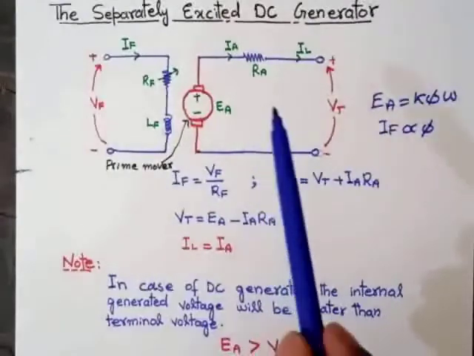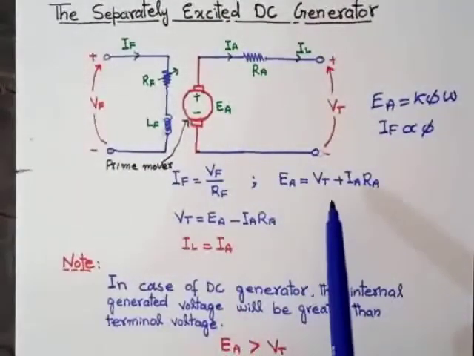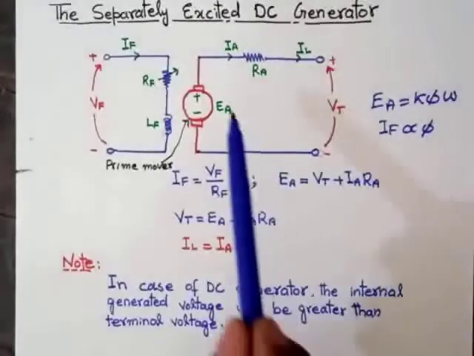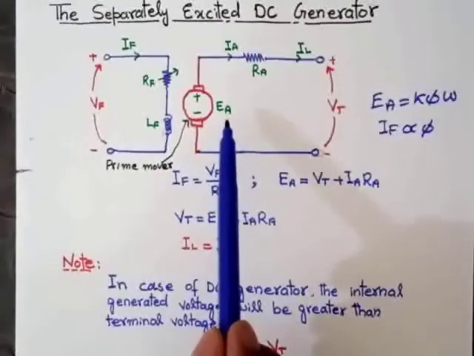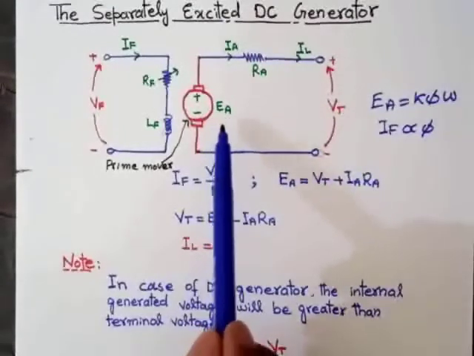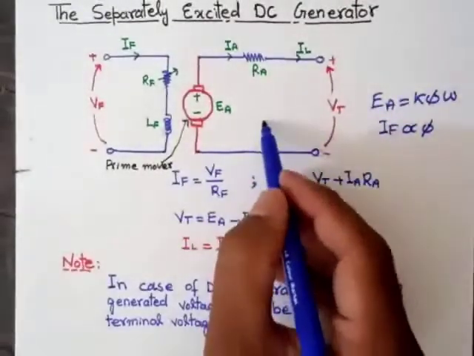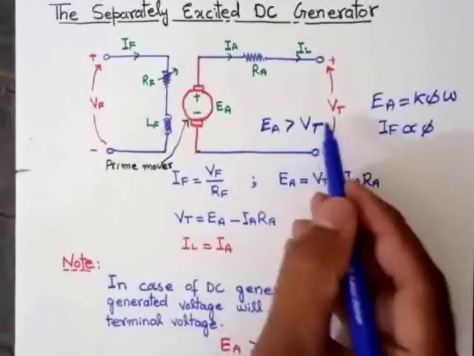And by applying KVL in this circuit, EA will be equal to VT plus IA into RA, because in the case of a DC generator, the internal generated voltage EA will be greater than the terminal voltage.